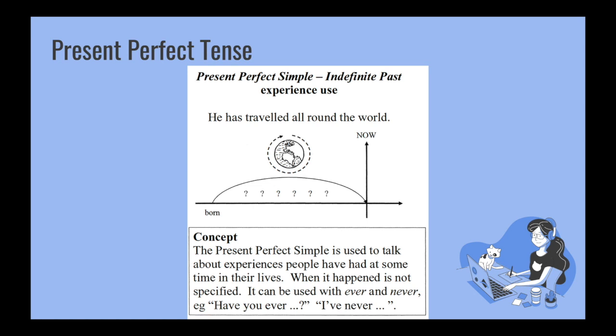For example, he has traveled all around the world. So we use it to talk about experiences people have had at some time in the past. When it happened is not important, as long as you mention that it ever or never happened, or maybe you can also add how many times they did it, like that.